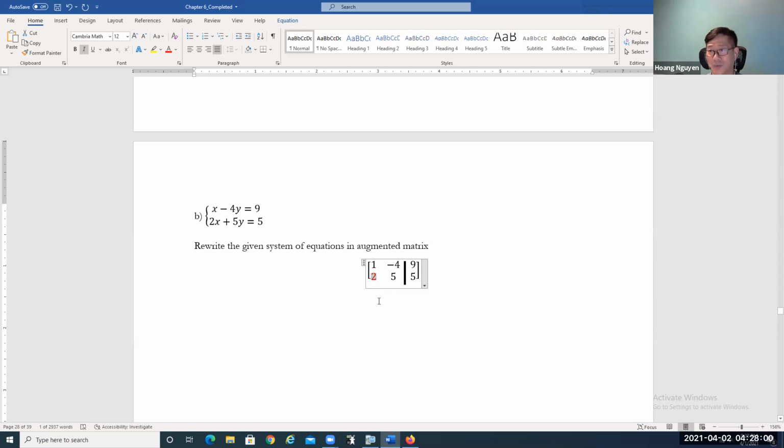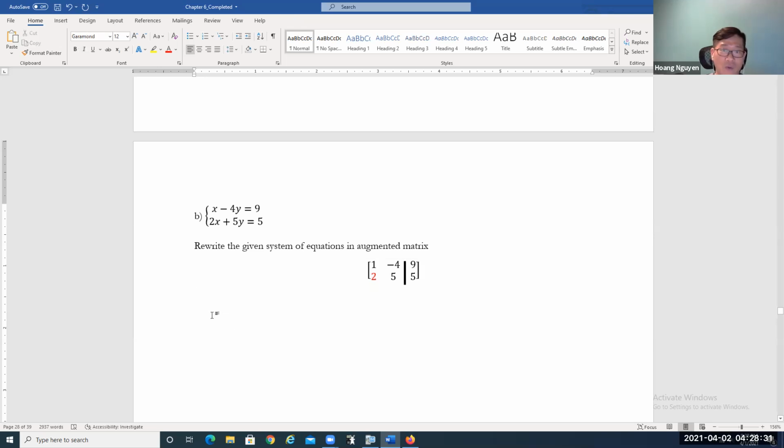So what are we going to do? What do you guys think? We're going to use row equivalent operations, right? So interchange any 2 rows, multiply each entry in a row by a non-zero number, or add a non-zero multiple of one row to another row. Okay, so I want to make this element equal to 0. So it looks like I have to do something with the first row, so I can add it to the second row to make this element equal to 0.